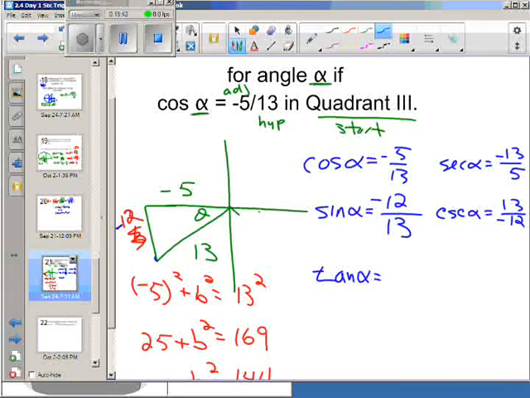Tangent of alpha, again, I'm going to have a negative negative. So I have opposite over adjacent, and my negatives are going to cancel, and that makes cotangent of alpha equal to 5/12.